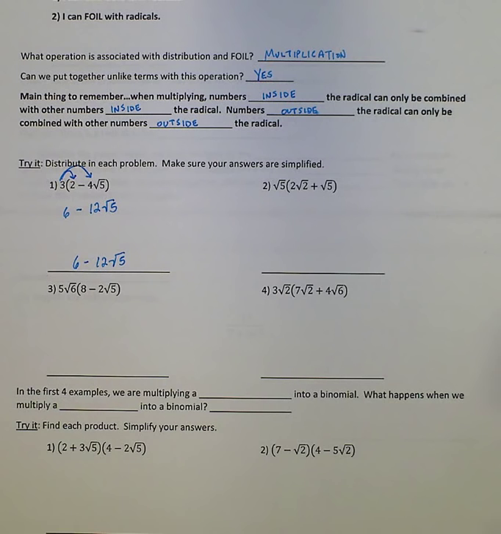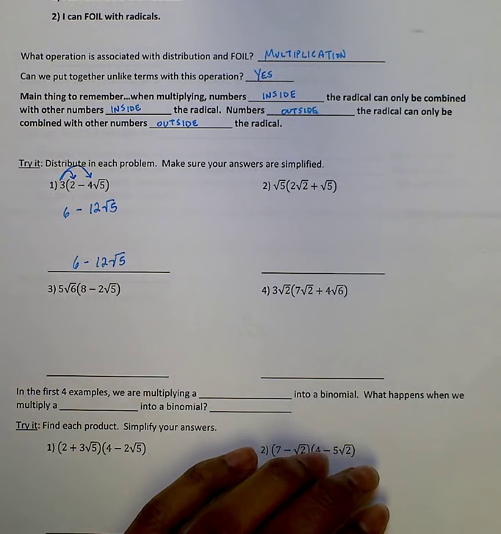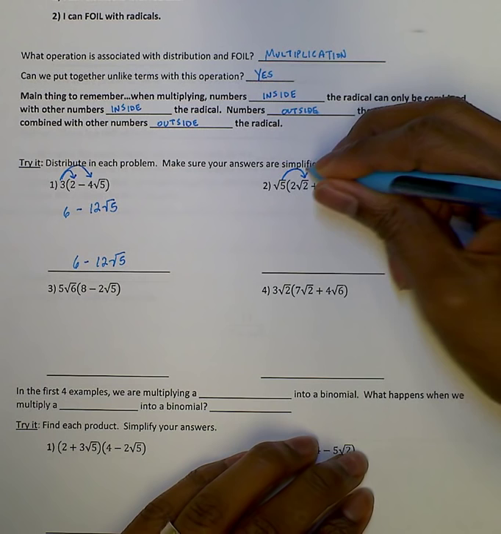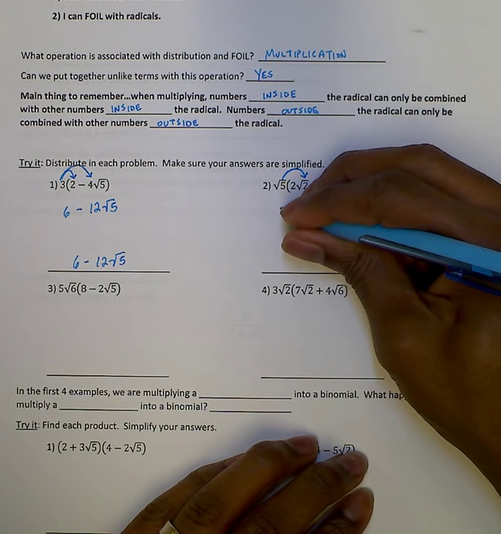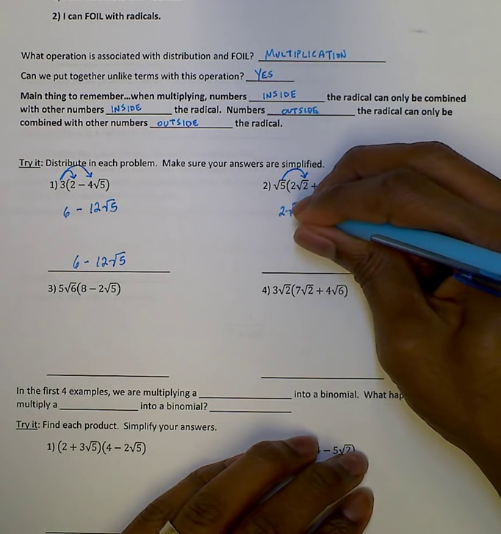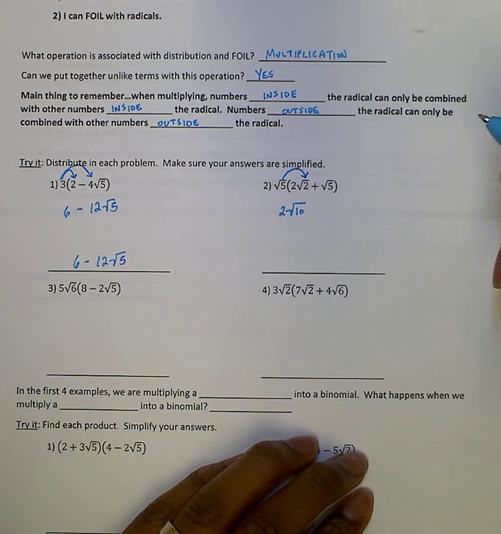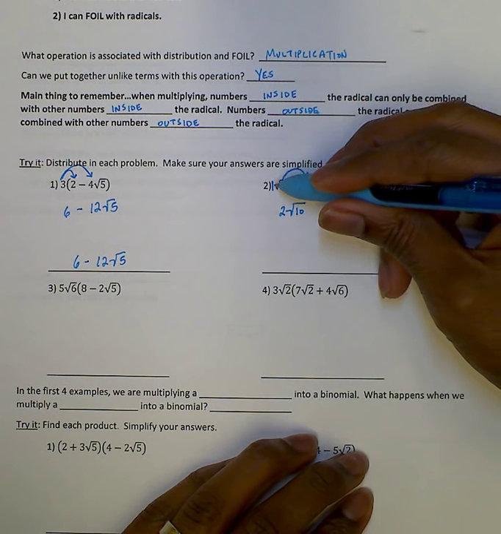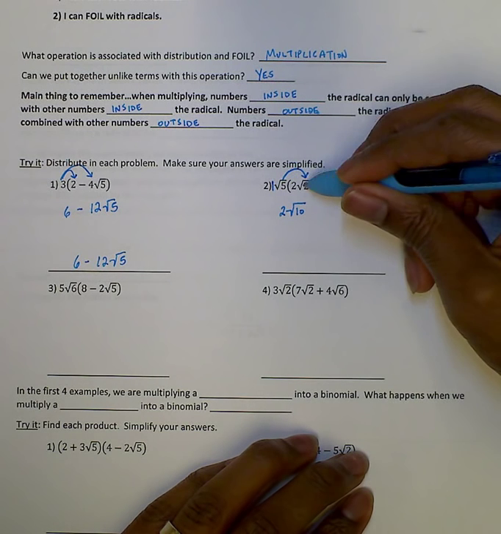Okay, do the same thing for number 2. I have radical 5 times (2 radical 2 plus radical 5). Now radical 5 is inside the radical, obviously. So I'm going to distribute that to the first term, and that'll give me 2 radical 10. Another way that you can think about this is 1 radical 5, so 1 times 2 is 2, and radical 5 times radical 2 is radical 10.